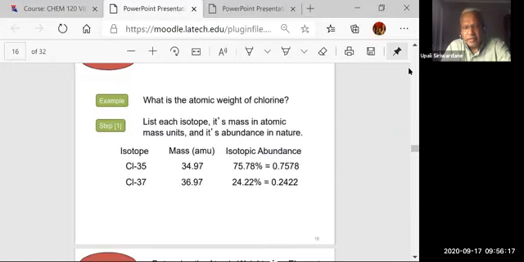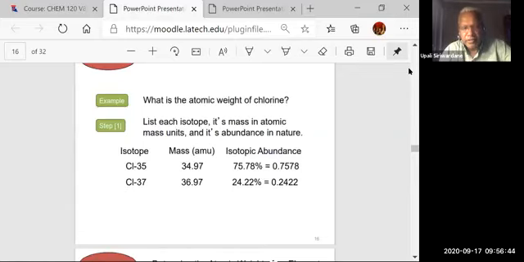The abundances are fractions. The fraction is the one in the last column, on the right. You multiply 34.97 by the fraction 0.7578, and added to that, 36.95 multiplied by 0.2422.